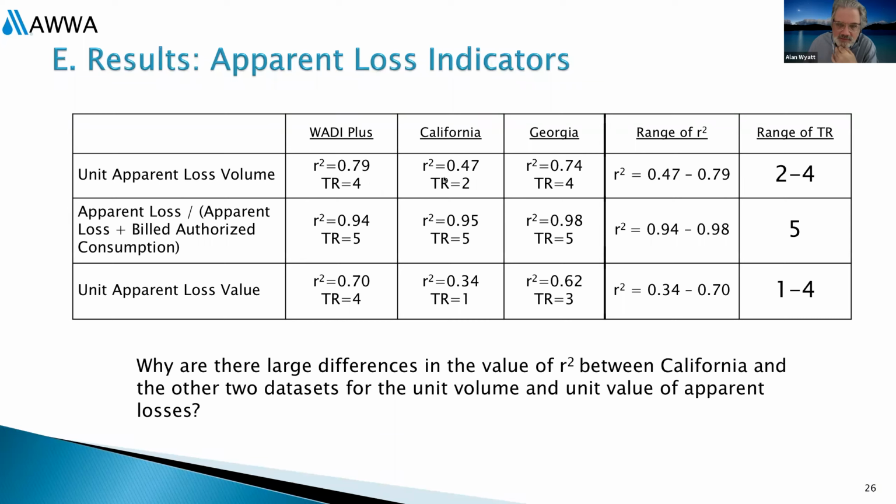And I think this has to do with attributes and materials and meters and different situational parameters that we didn't have sufficient data to put into the regression. If we can get more such data and put them into the regression and see changes, then we'll know that that would be true. The same is true for the unit apparent loss value. You see quite good correlations in these two data sets, but not that one.